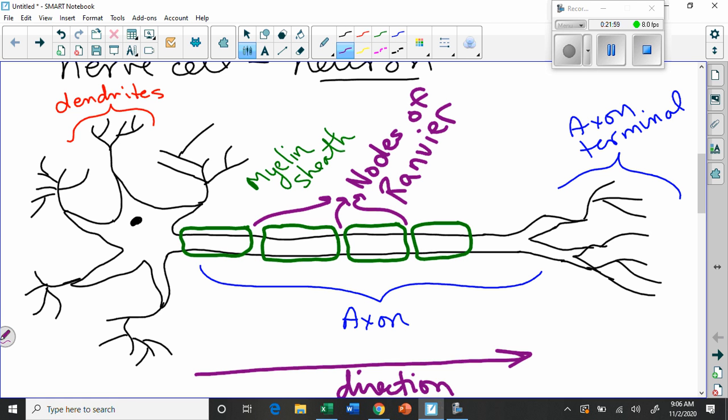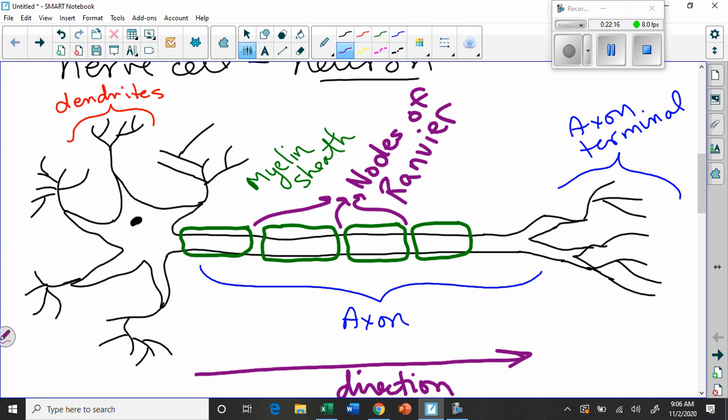Nodes of Ranvier. If you remember anything from physics in grade 11, if you took it, a node is sort of a spot where not much happens, kind of, right? It's the idea of no vibration.